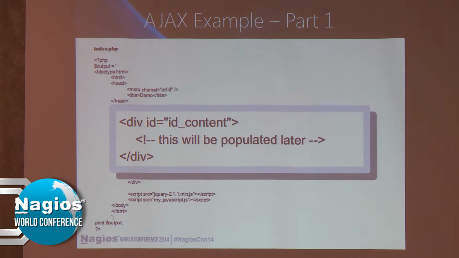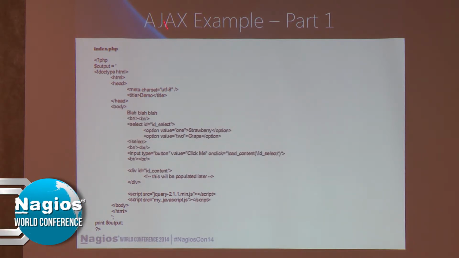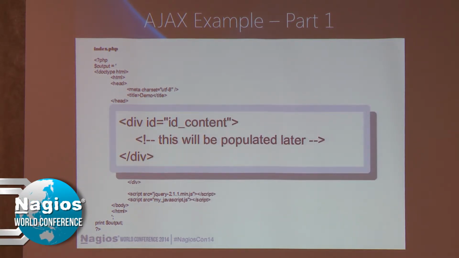What happens is the page is displayed, it draws a select, it puts the button there that we're going to press, it creates this blank div with nothing in it. It has the jQuery reference for the library, and it has the external JavaScript code.